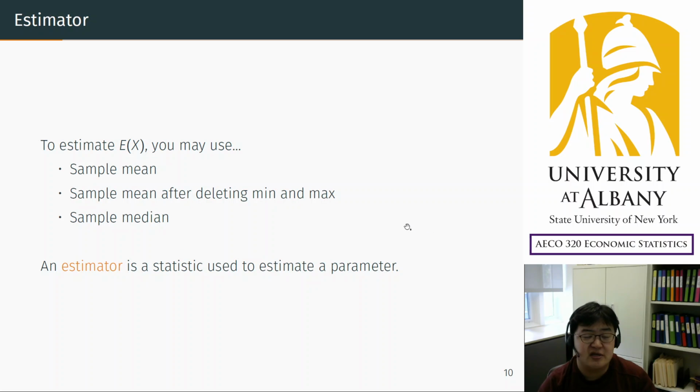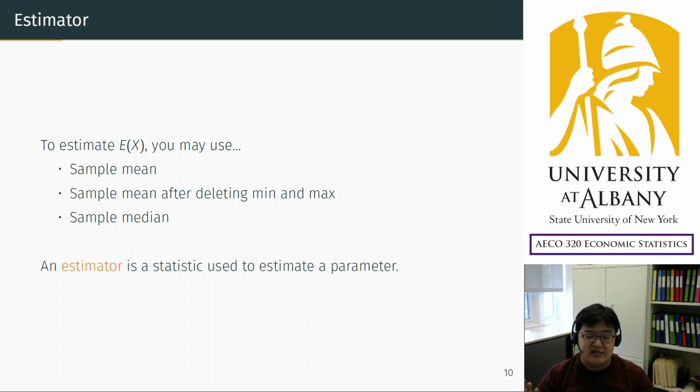Okay, the parameter is more clear. Suppose now you set the parameter, and for simplicity, we will consider the parameter to be the expected value of a random variable x. So you want to estimate the mean. That is your parameter, your estimation problem. And then the next question is, how would you estimate that?